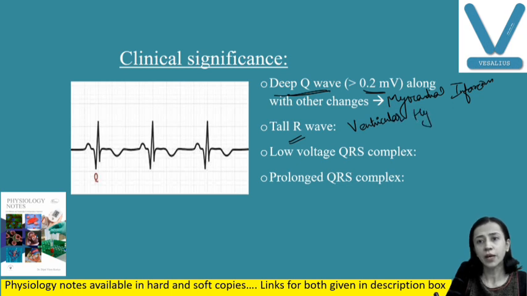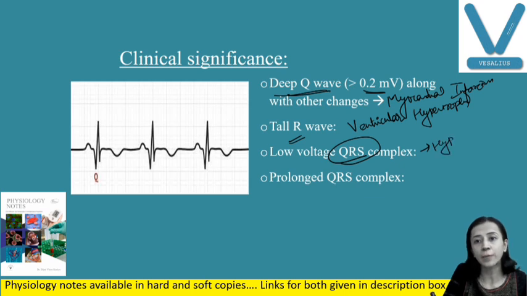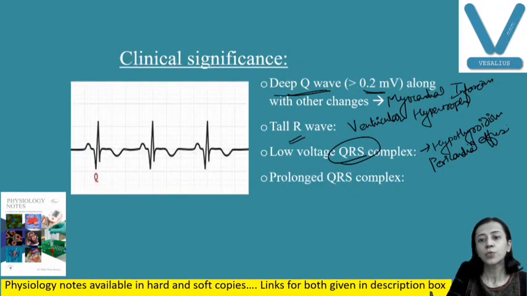A low voltage QRS complex is found in cases of hypothyroidism and pericardial effusion. A prolonged QRS complex, as I told you, is always in case of bundle branch block, right or left. We will discuss separately. With the block, you have a prolonged QRS complex.